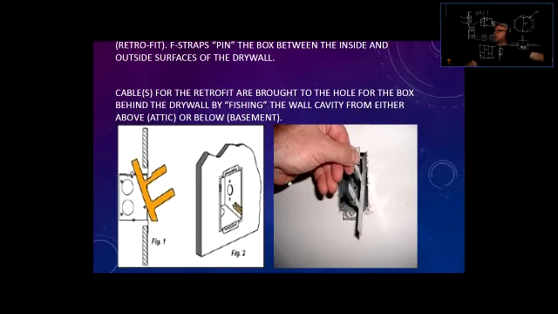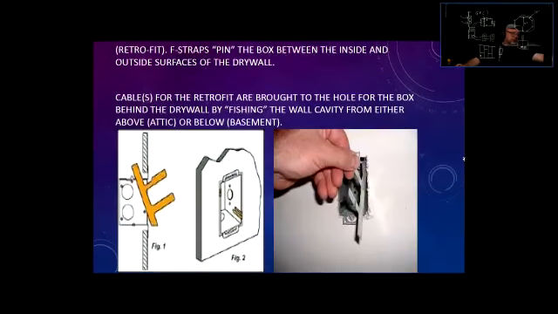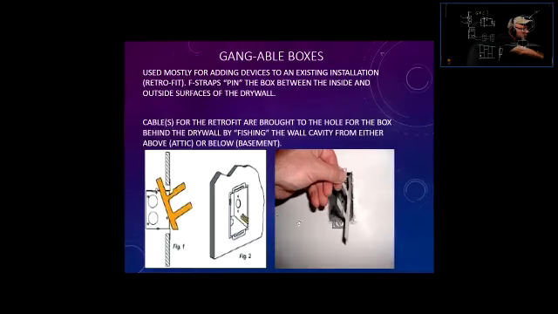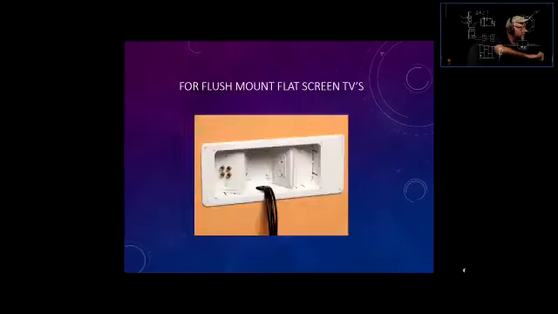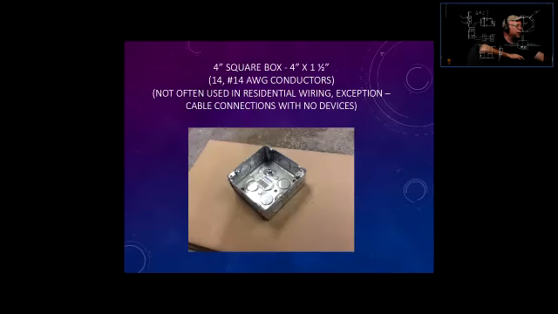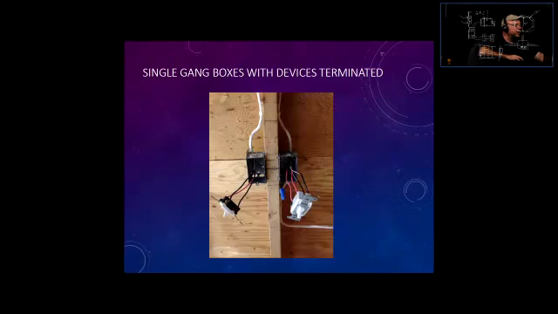If you have a wall in a new installation, this drywall would not exist, and you would mount the box, the device box, to the stud, and then the drywaller company would come over and install the drywall.